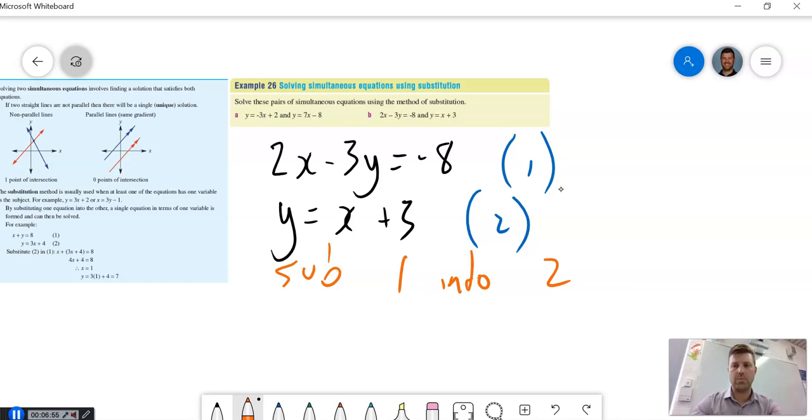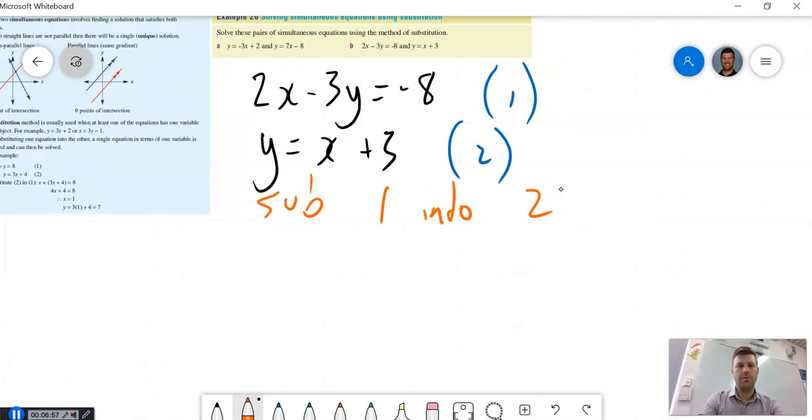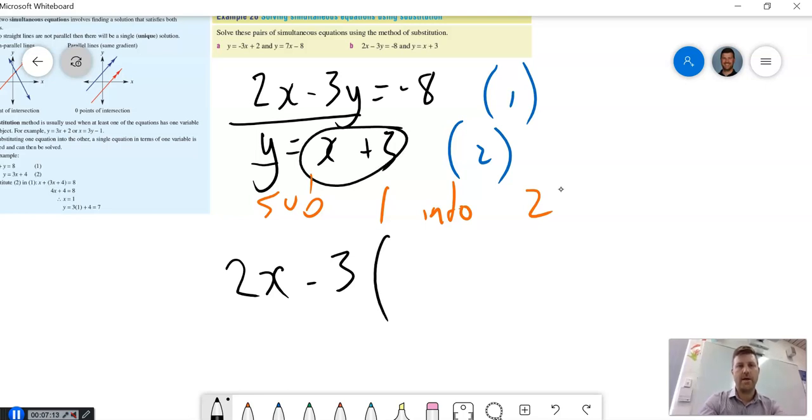So I'm going to rewrite it as one equation, which will look like this. Instead of y here, I've got 2x take 3 times, in fact, y is represented by x plus 3, brackets, equals -8.